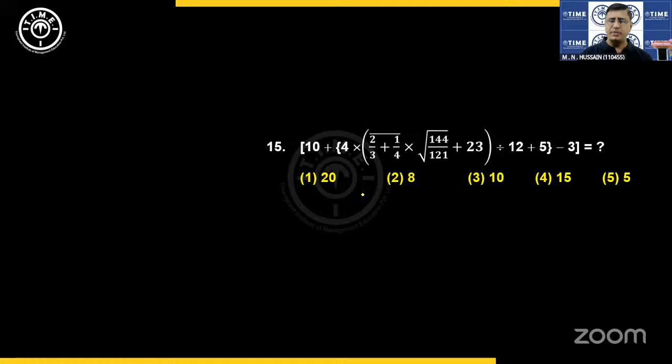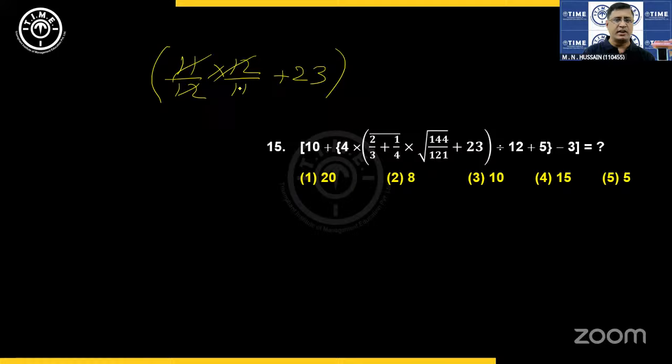Dear students, if you observe this carefully, by using the BODMAS, first we need to answer the bar. 2 by 3 plus 1 by 4. 2 by 3 plus 1 by 4 means 4 into 2, 8, 3 into 1, 3, 3 plus 8, that is 11 by 12. What is the square root of 144 and 121? Square root of 144, that is 12, and square root of 121, that is 11, plus 23. 12 and 12, 11 and 11 get cancelled.